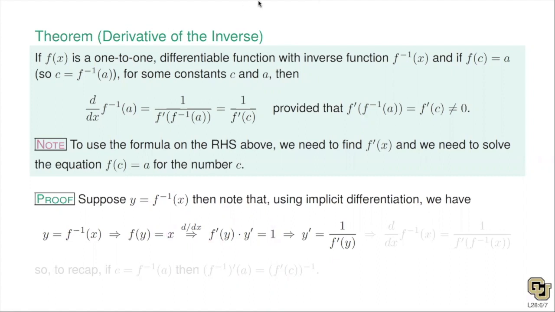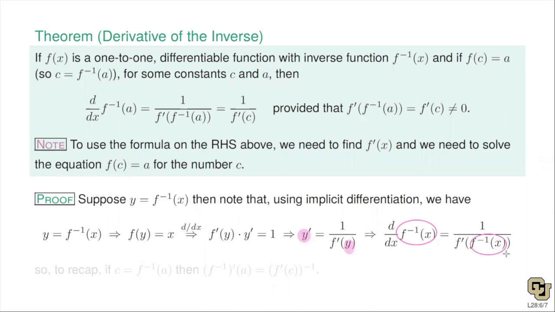Last step here, replace this y. Remember, y equals f inverse of x. These are the same. And I can replace the y on both sides with the f inverse of x. So I've replaced this y right here with f inverse of x, and this y right here with f inverse of x. So that's the mathematical proof.